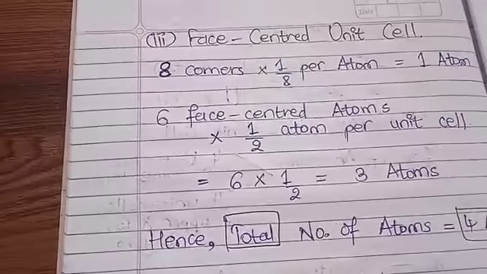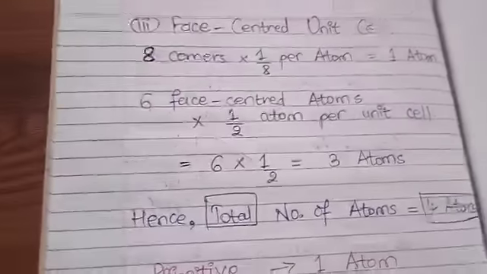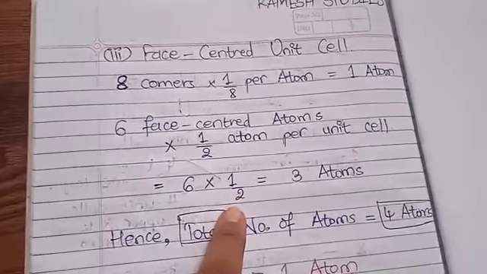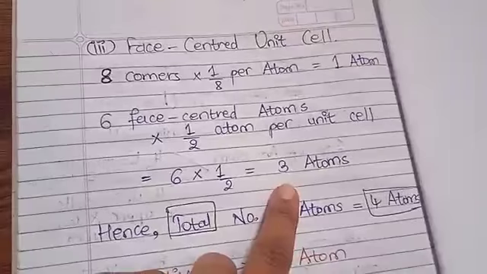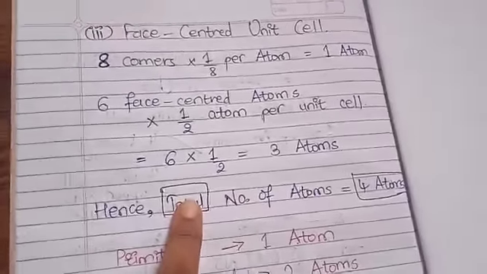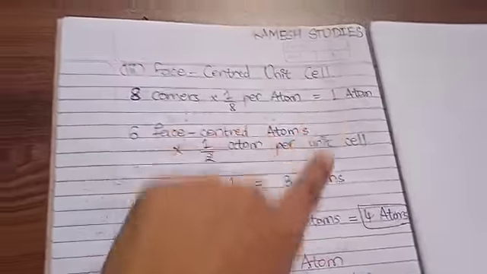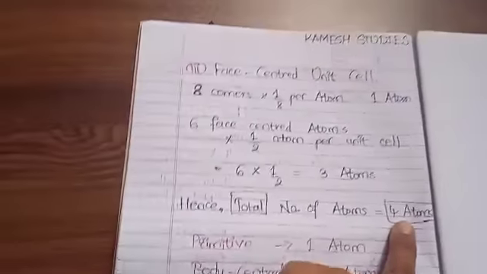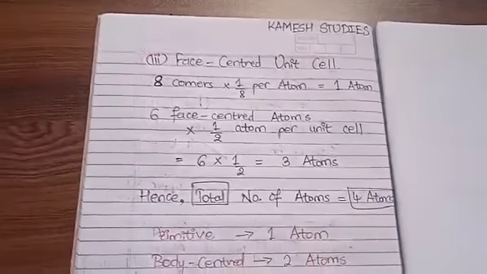So 1 by 2, 6 faces, each shared with 1 by 2 atoms. So it directly says that we are having 3 atoms. Hence in total, this 1 atom plus 3 atoms gives me 4 atoms in total.